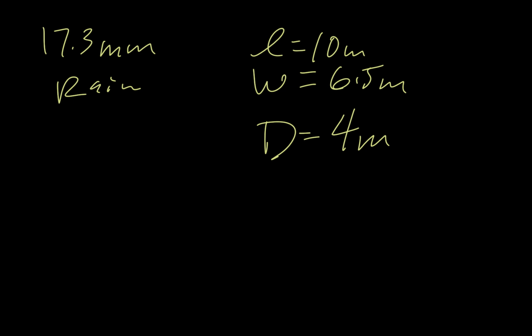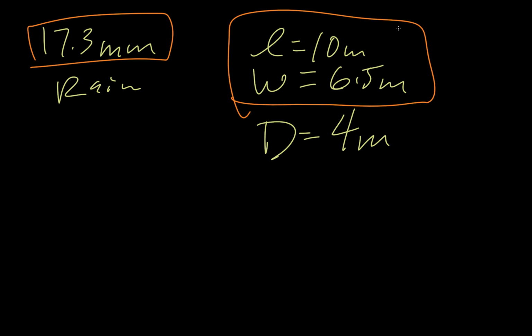Okay, so this one's kind of hard to understand what they're talking about. So I'll definitely draw the picture on this one. The rain is given in millimeters, so we need to first convert that to meters, because when we're dealing with the roof, so this is all roof stuff, we want to be in the same units.